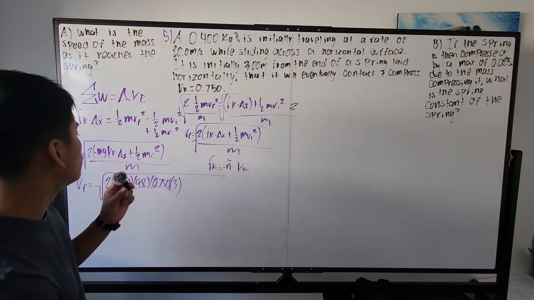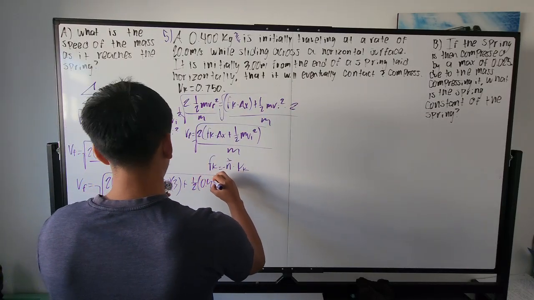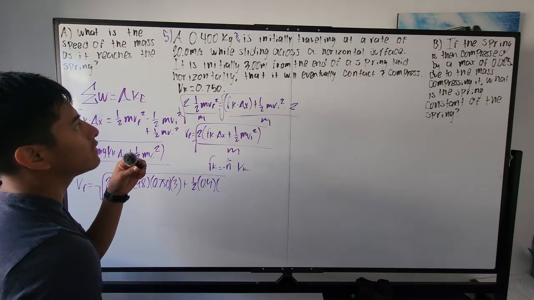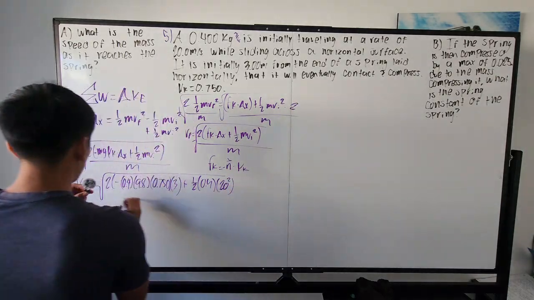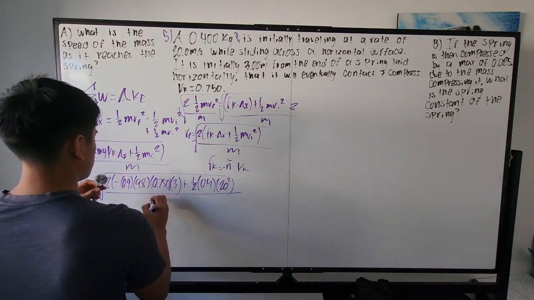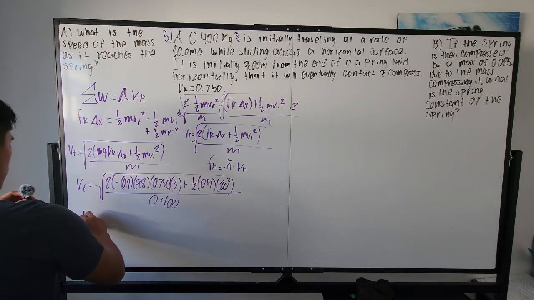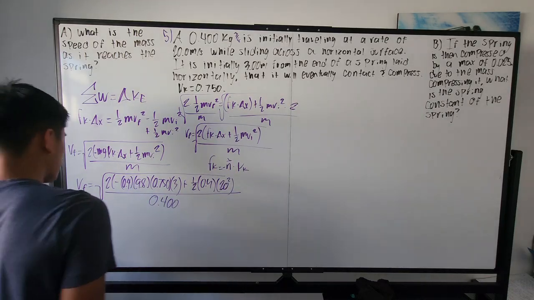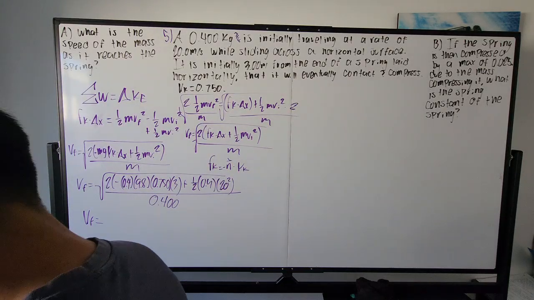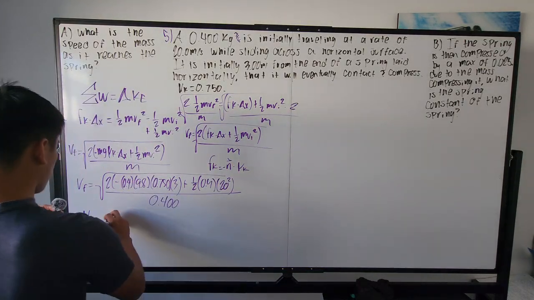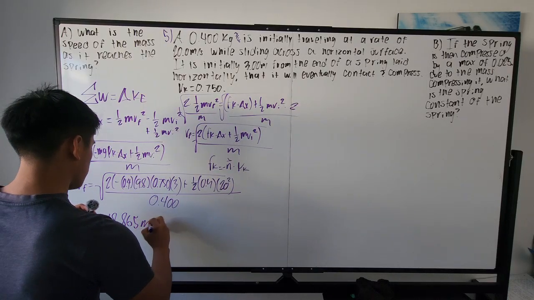Like that. Plus 1/2 the mass, 0.4, and the velocity initial squared, we are told the velocity initial is 20, 20 squared. This all over the mass, which is 0.400. And once you plug all of that into your calculator, you will get that the final velocity is equal to 18.865 meters per second.